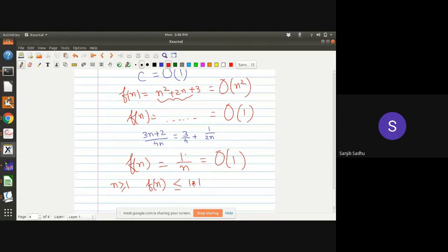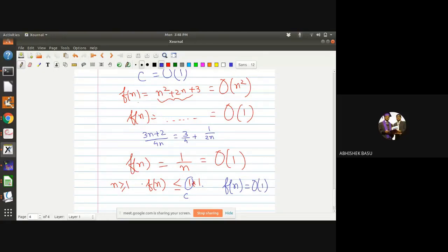Suppose n is 2, so it is half. If n is 3, 1 by 3, so that is also less than or equal to 1. So you see, I am writing just 1 as 1 into 1. Why? Because I am taking this portion as the constant c, and this is 1. So f(n) is big O of 1.